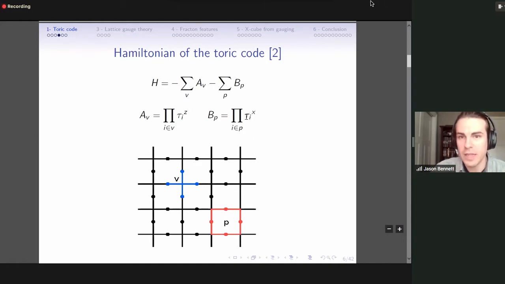At the moment, it's not really a gauge field. I kind of jumped the gun there. At the moment, these are just qubits. These are Z2 degrees of freedom, up or down. And so these terms around a vertex and around a plaquette are defined as follows. Why I call that a gauge field will make a little bit more sense when I get to that.